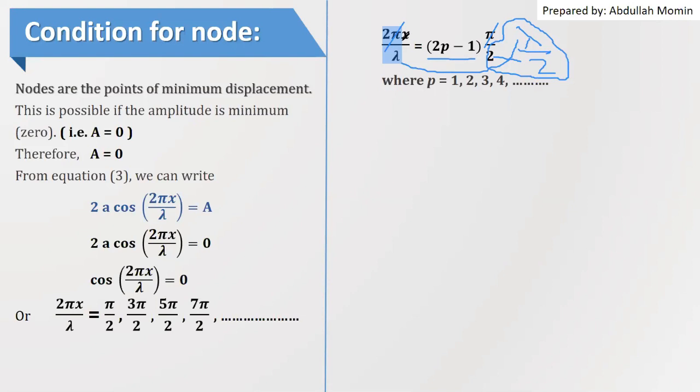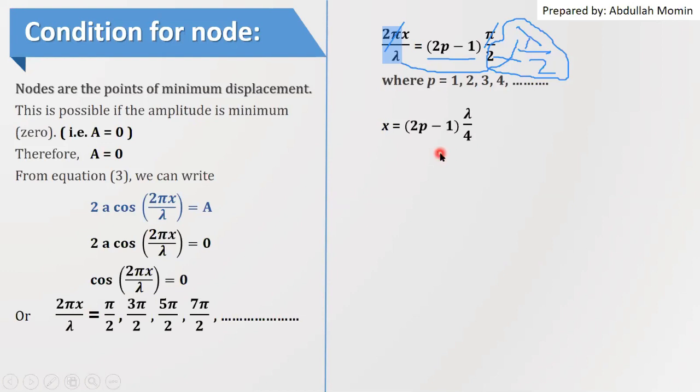So x is equal to (2p minus 1) lambda by 4, because this 2 by lambda goes to the other side and becomes lambda by 2, and this 2 and this 2 get multiplied with each other and become 4. So x can be written as (2p minus 1) lambda by 4.